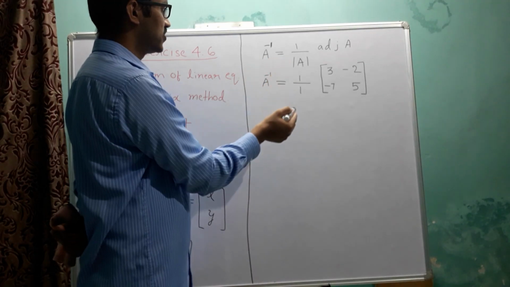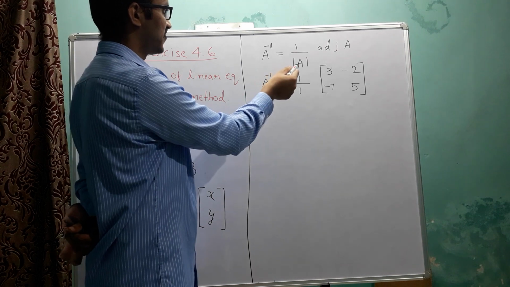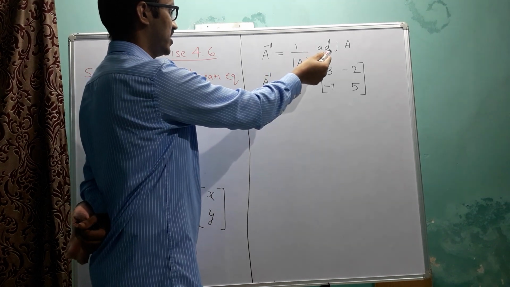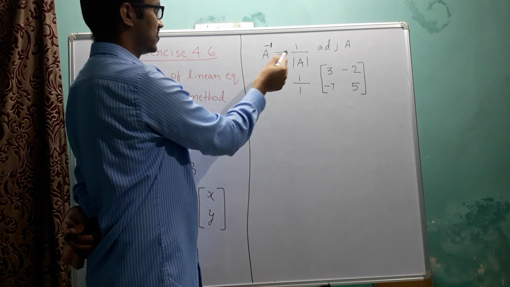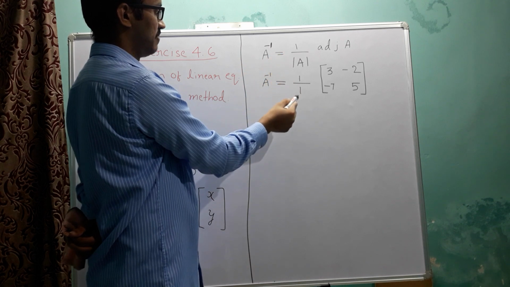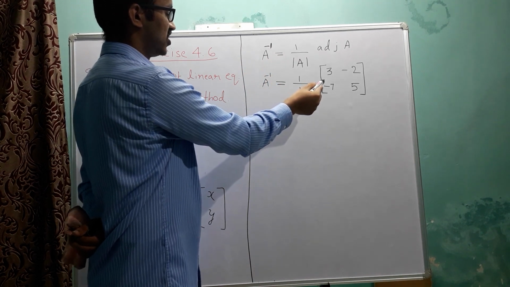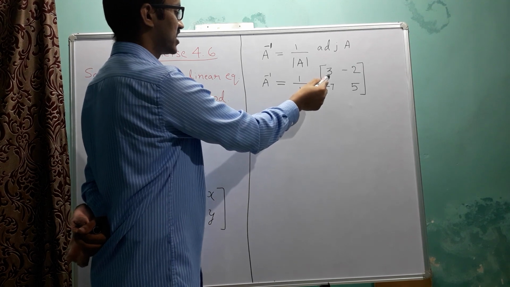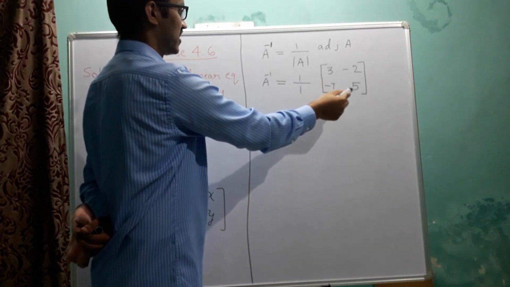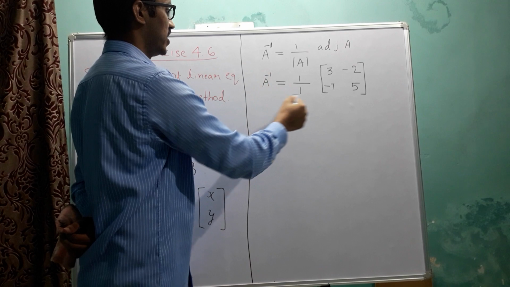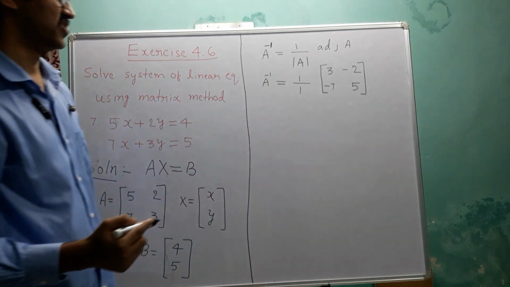If you substitute the value of determinant of A as well as adjoint of A, what will you get? A inverse is equal to 1 by 1, and adjoint of A is the matrix 3, minus 2, minus 7, 5. So we obtained the value of A inverse.